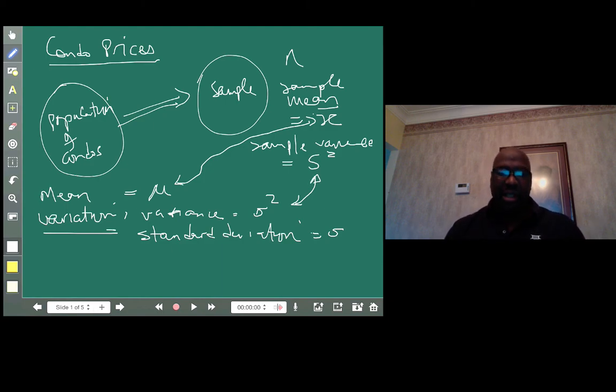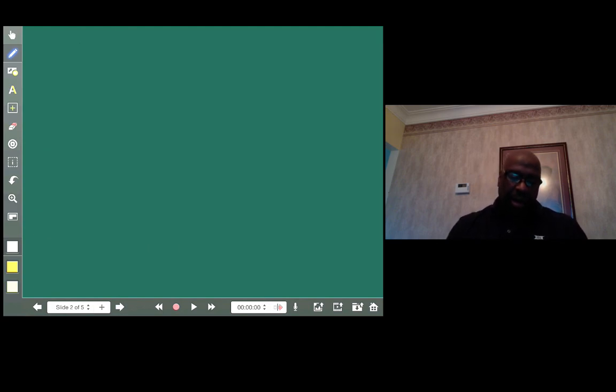Now I think most of us understand mean, the average, but then standard deviation, variance is a little bit different. So I'm going to go through those. So first one is the mean or the average. And the mean is just the sum of all of the values that we have.